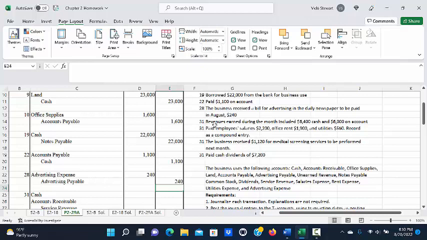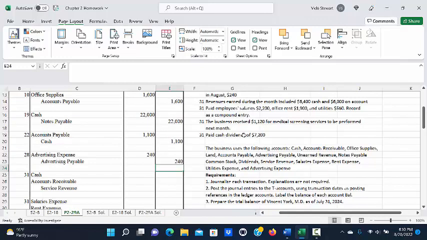On the 31st, it states that revenues earned during the month included $6,400 in cash and $6,000 on account. Okay, so this is like we're making all of our revenue entries at one time. We're adding them all up. He's seen patients all month. Some of them paid cash and some of them received credit.